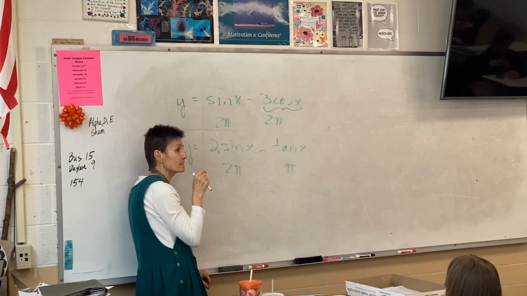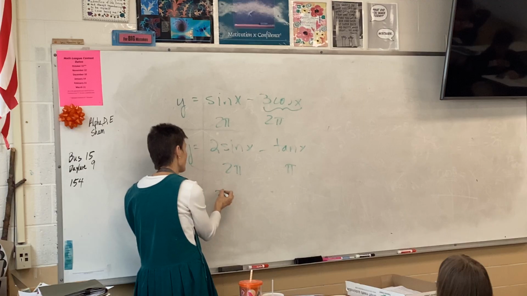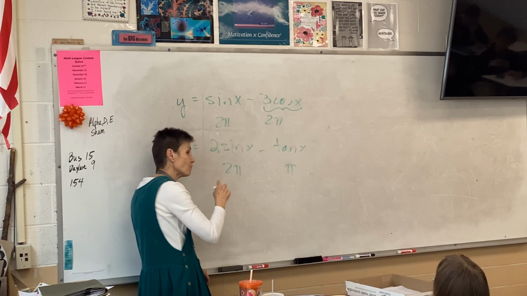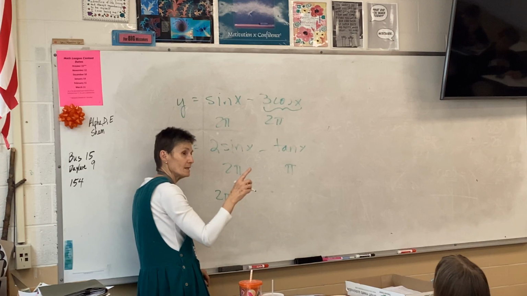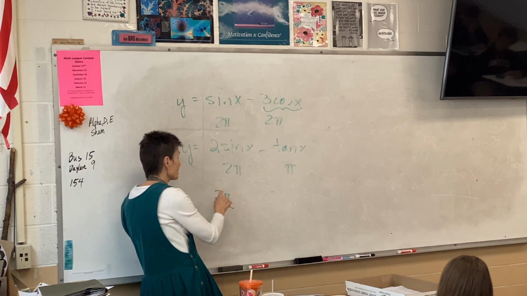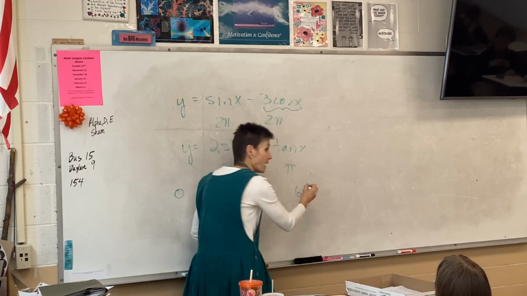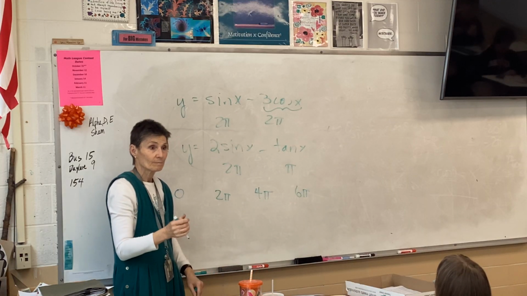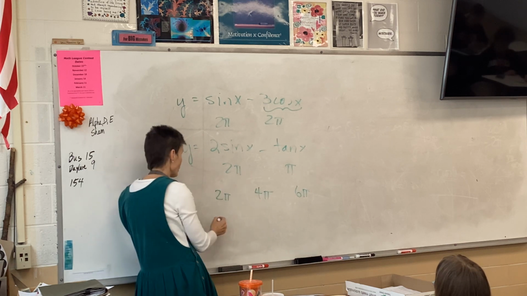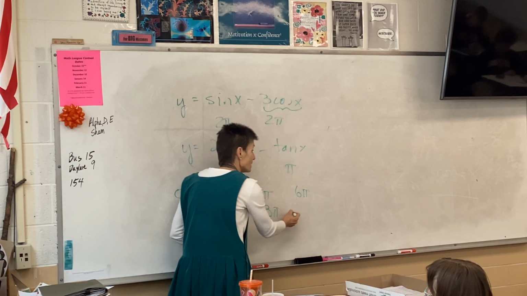However, it is periodic. So the period of the first piece is 2 pi. And what that means is every 2 pi, it repeats. So it starts over again. So we got 0 over there. Starts over again at 2 pi, then at 4 pi, then at 6 pi, and so on. Agreed? Now this one starts at 0, and then starts over again at pi, 2 pi, 3 pi, and so on.